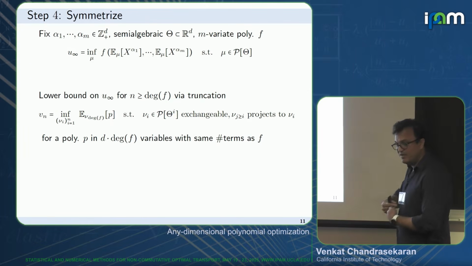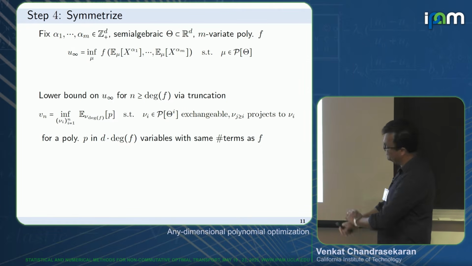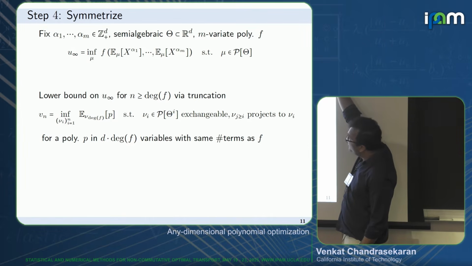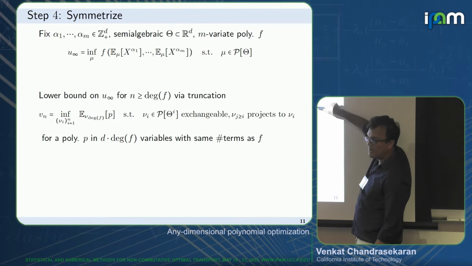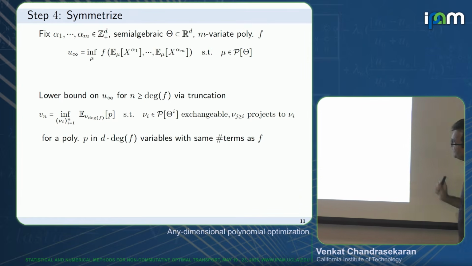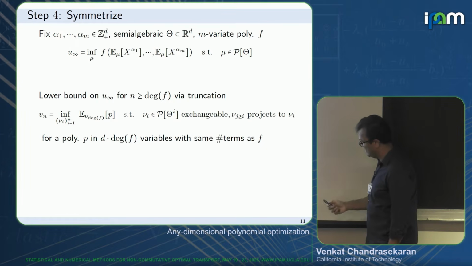And the last step, which is where we need to obtain a finite dimensional polynomial optimization problem, goes as follows. This is our original formulation. This is the lower bound we've obtained so far. These are the constraints, an n-length moment sequence. And P is a polynomial in d times degree of f many variables.